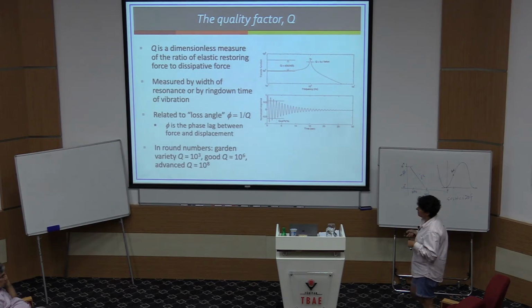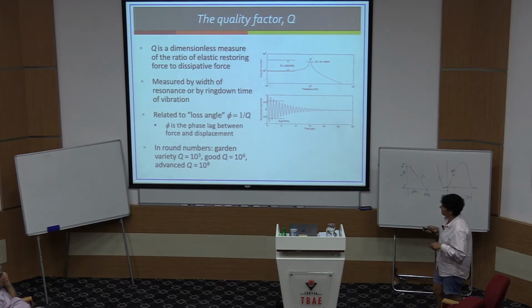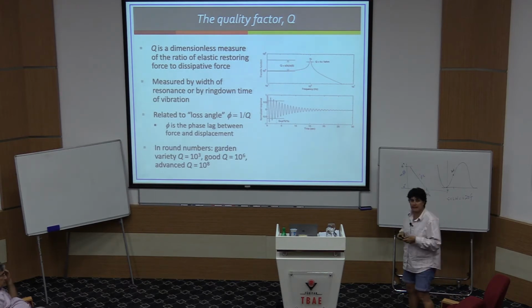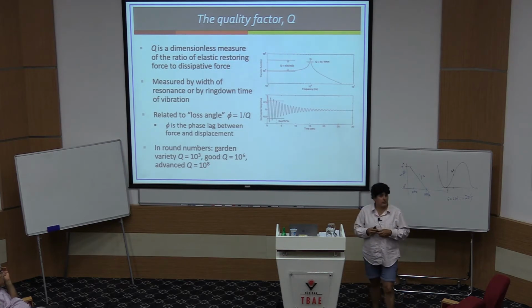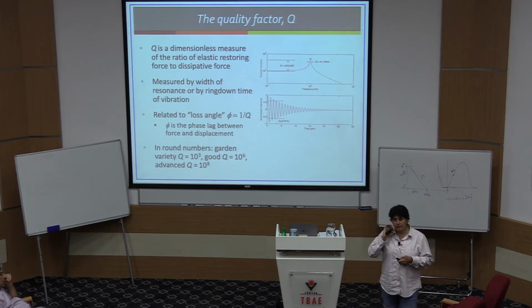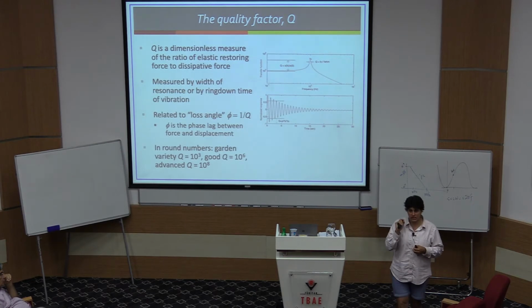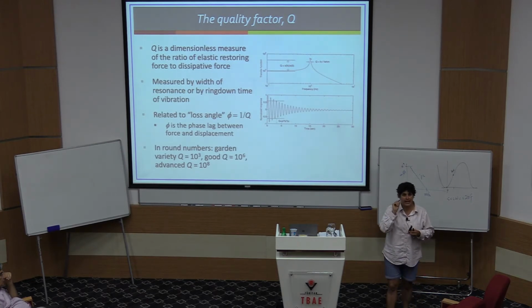So in some round numbers, experimentalist round numbers, a garden variety Q in this field would be something like 1,000. A good Q would be about a million. An even better Q would be about 100 million. And the best Qs that people have seen in mechanical oscillators are in these little nanomechanical oscillators where people are achieving Qs of 10 billion.